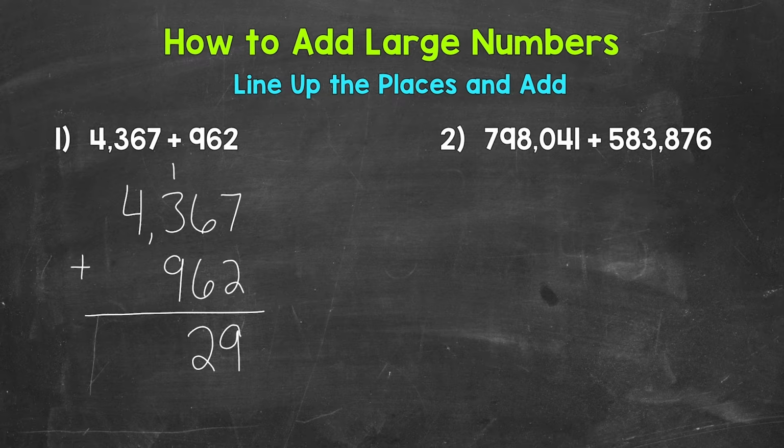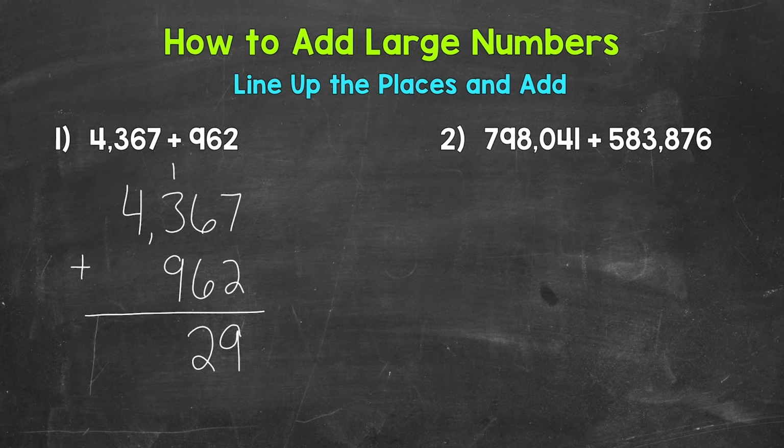Now, like I mentioned, technically we did 60 plus 60 because those 6's are in the tens place. 60 plus 60 is 120. So the 2 from 120 goes in the tens place, and then we carry the 1 from 120 to the hundreds place because that 1 has a value of 100. It's in the hundreds place.